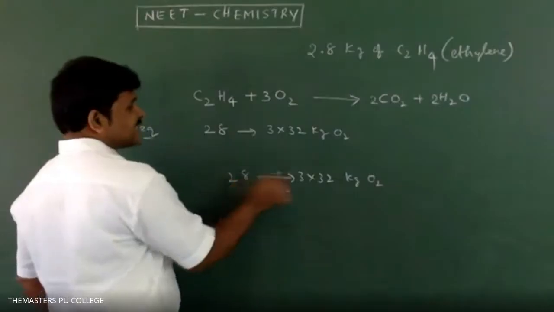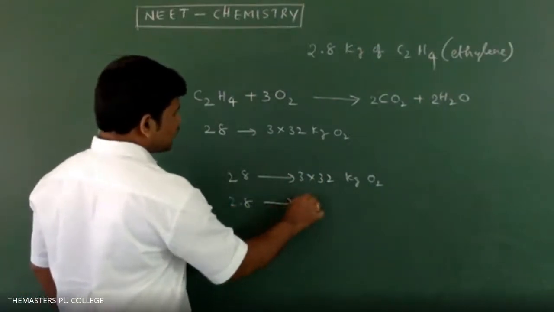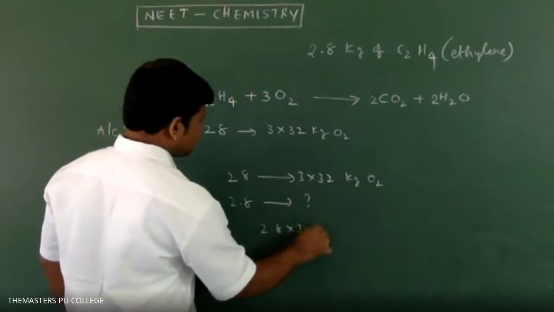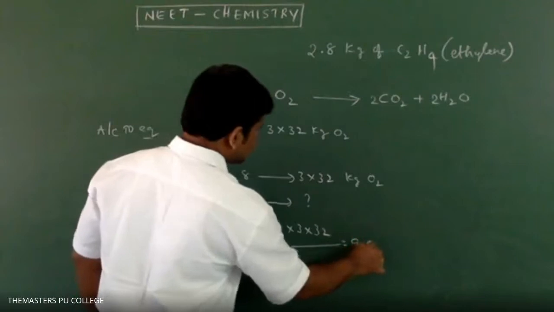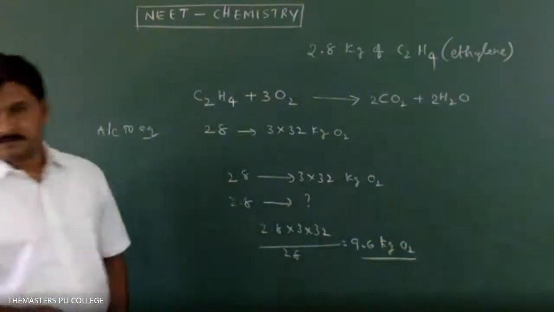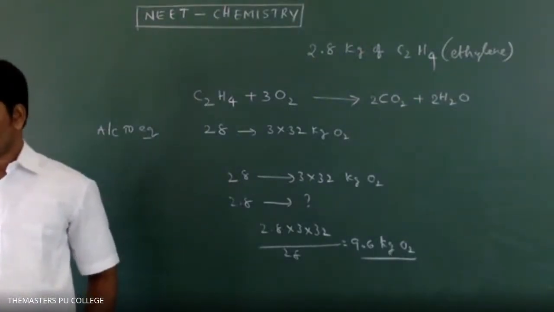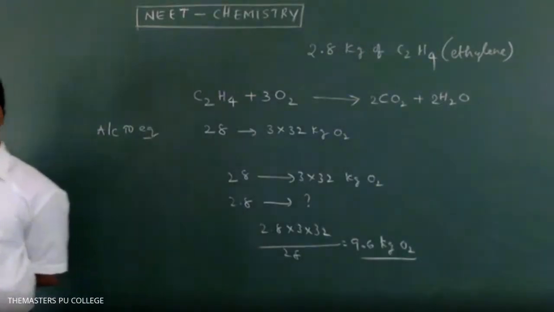If you take 2.8 kg, how much oxygen do we require? 2.8 into 3 into 32 divided by 28 is 9.6 kg O2. Okay?